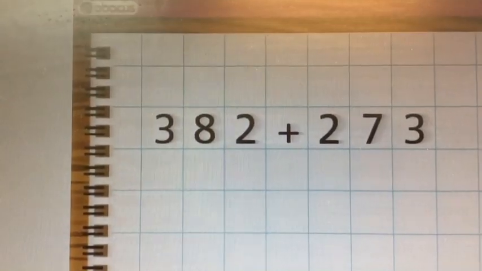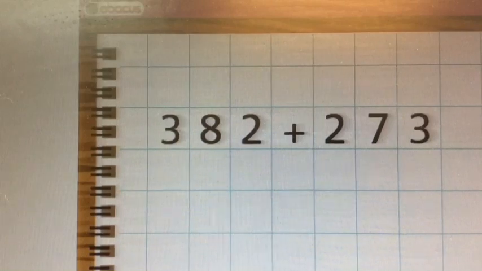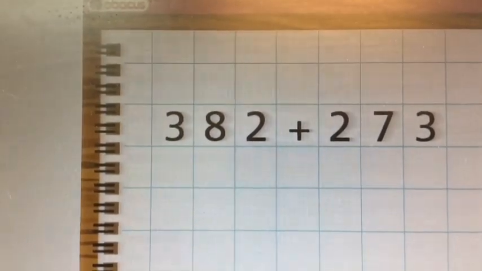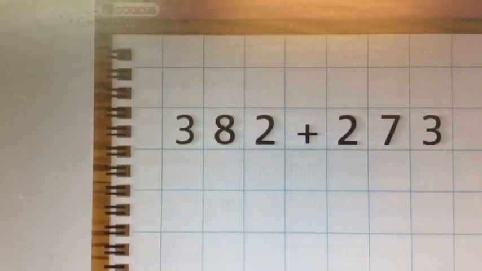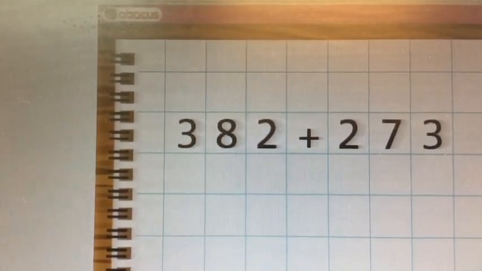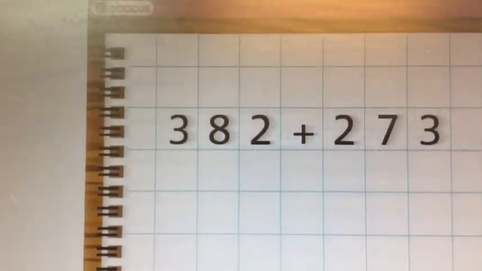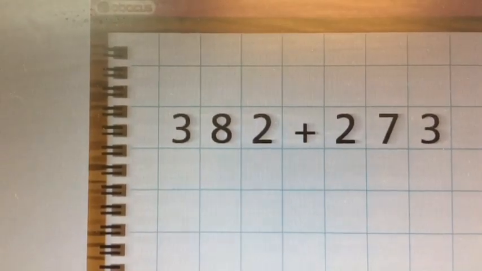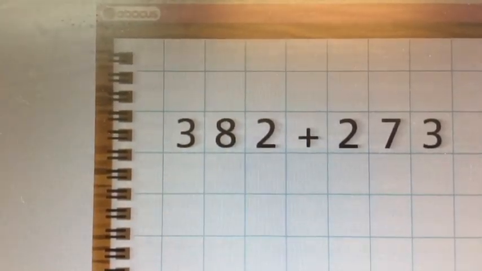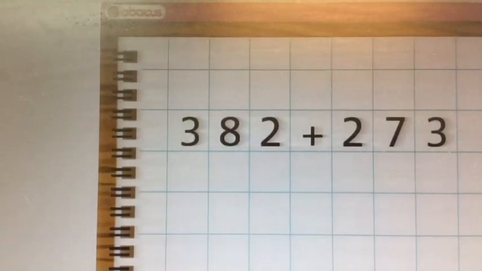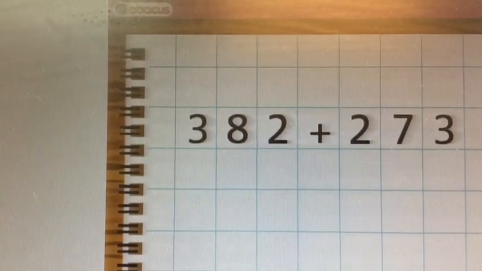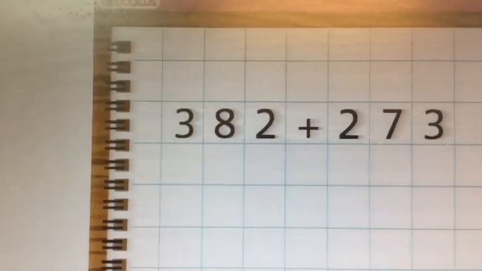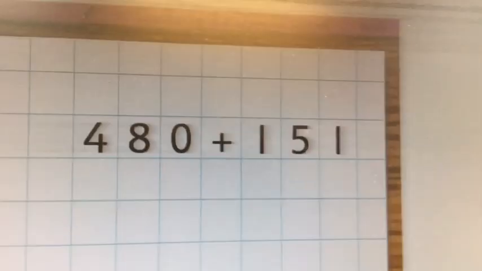Now think about this one. Is it one you can do easily in your head, or would you need to write it down as a vertical addition sum? Be honest. Write it down on square paper. If you think you can do it just in your head, just write down the answer. But if not, show me your column addition. Now how about this one?